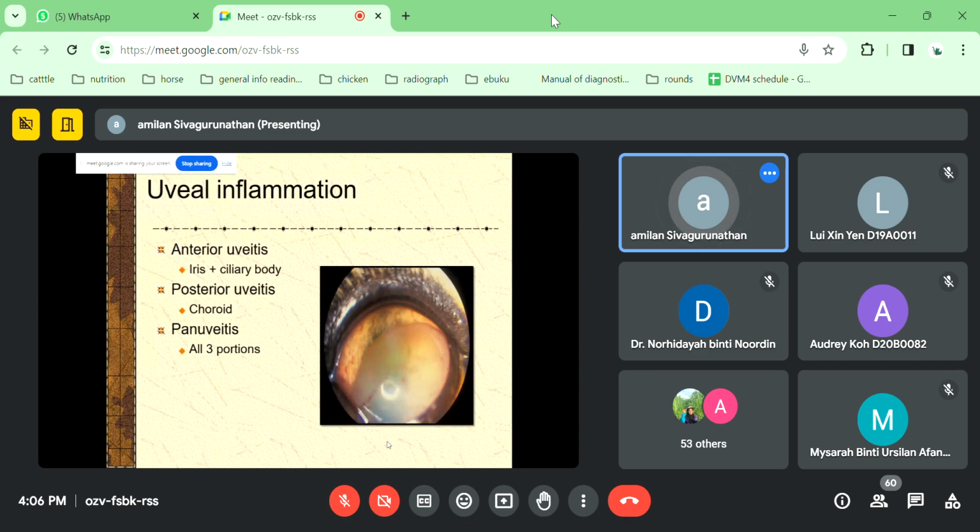Uveal inflammation has to be classified again based on anterior or posterior. So if we go back to that eye diagram earlier, the front end is anterior uveitis. Here you have a fibrin clot in the anterior chamber, and the back end is posterior uveitis in the choroid.